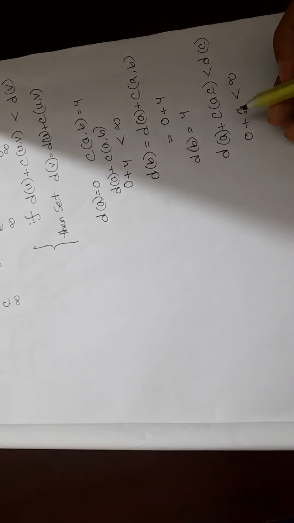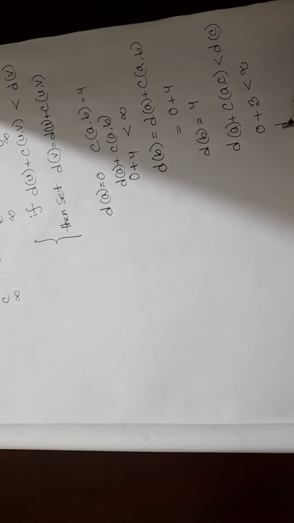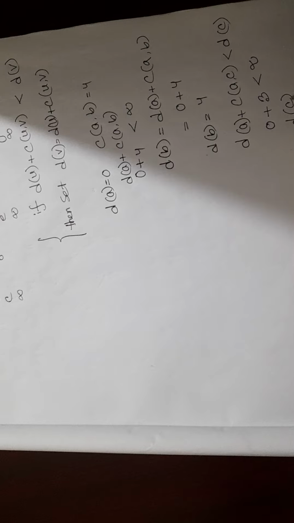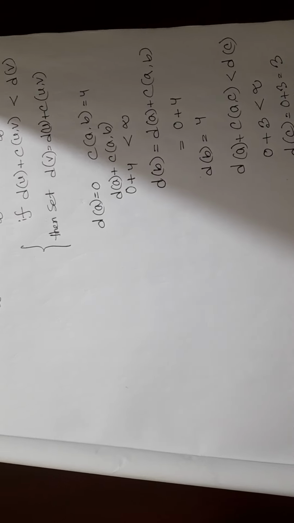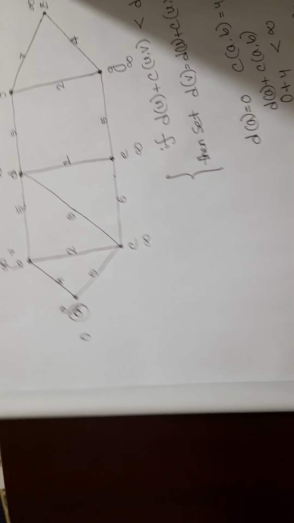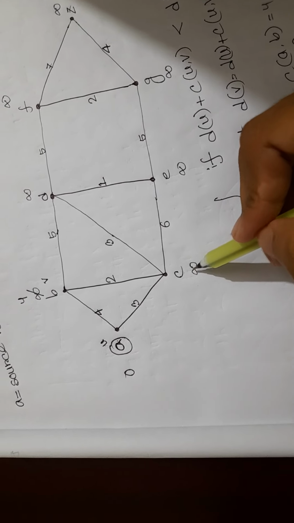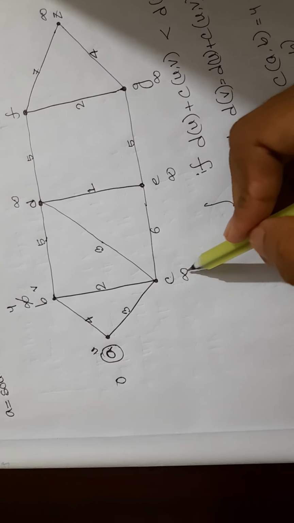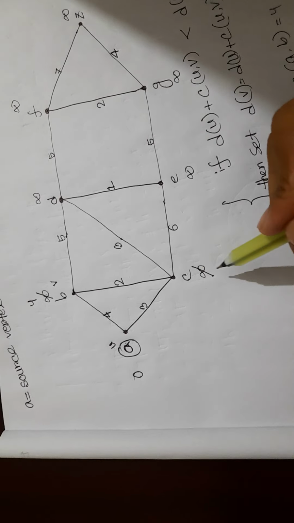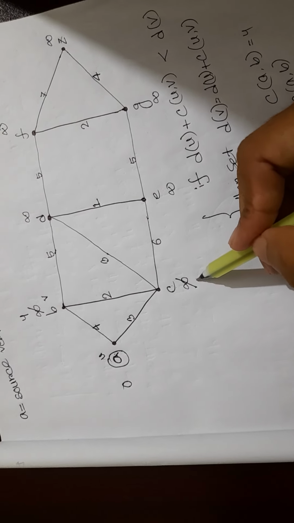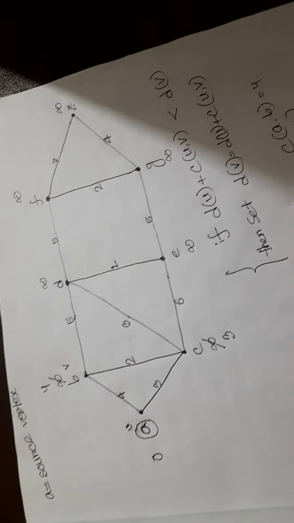So we can write that the distance of C equals to 0 plus 3 equals to 3. We get the distance of C equals to 3, which is less than infinity, so we can update the distance of C as 3.